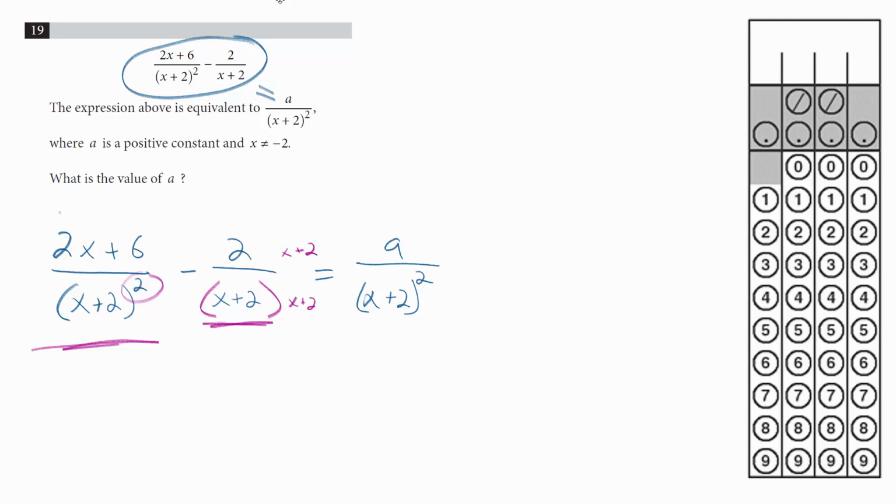So for the numerator, we get 2 times x plus 2. On the first fraction, we're left with still 2x plus 6. And since we have combined them, that means that they all have the same denominator.